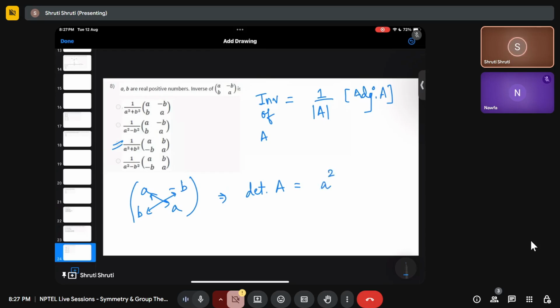So a square minus b square, that is a square plus b square. So this should be either this or this. Now you have to find the correct adjoint.